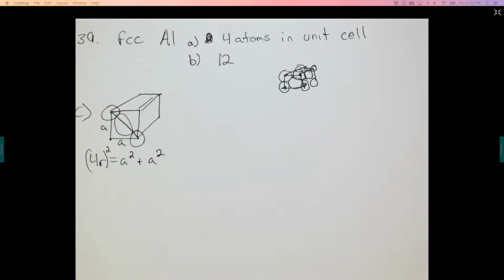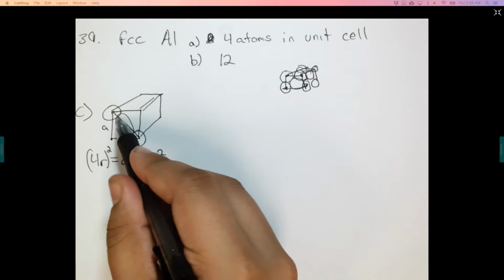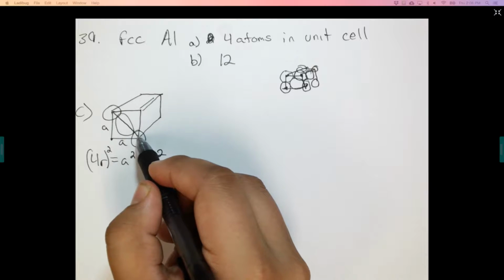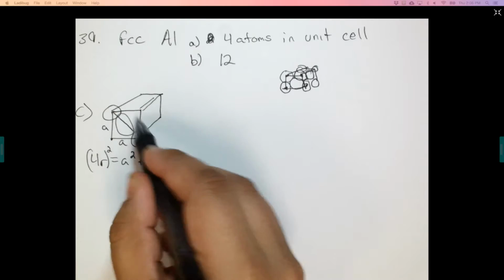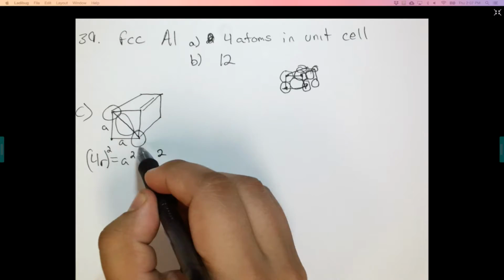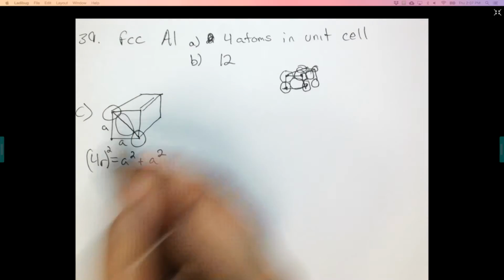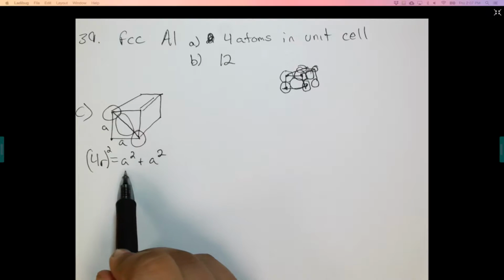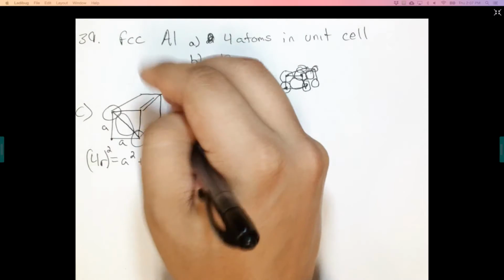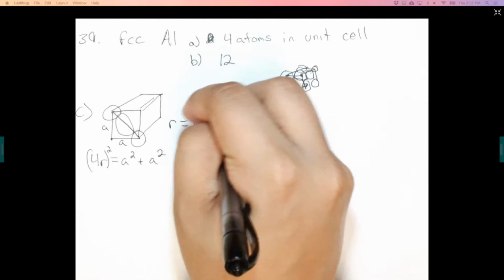All I'm using is Pythagorean's theorem here to determine the length across. Again, this is 4r because the radius of the sphere is inside the unit cell on each corner, and then the whole diameter is across that face because half of the atom is in the unit cell when it is on the face. They want us to estimate the edge using the radius value that is equal to 1.43 angstroms.